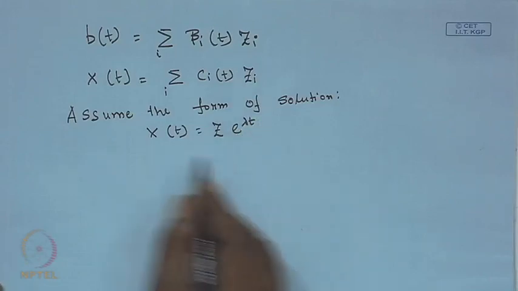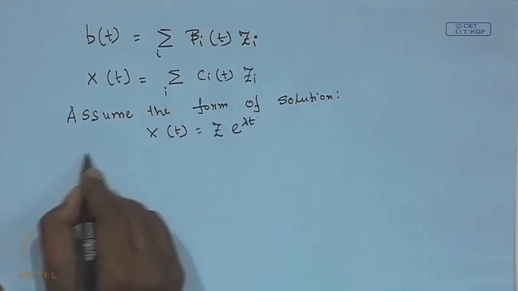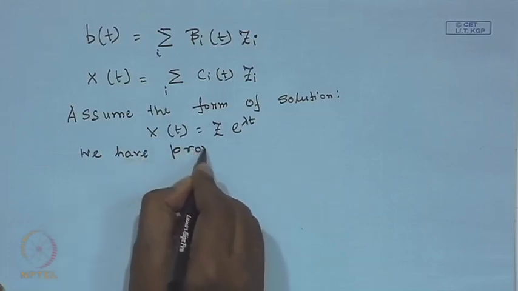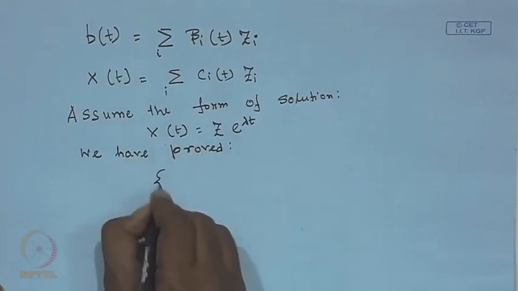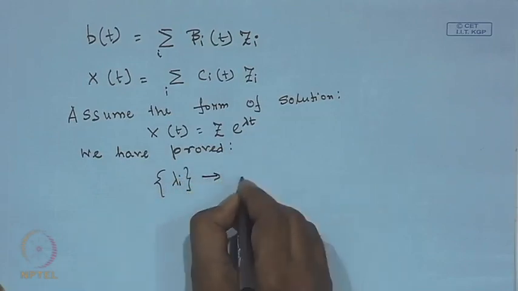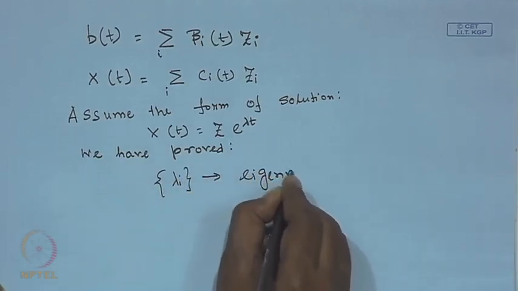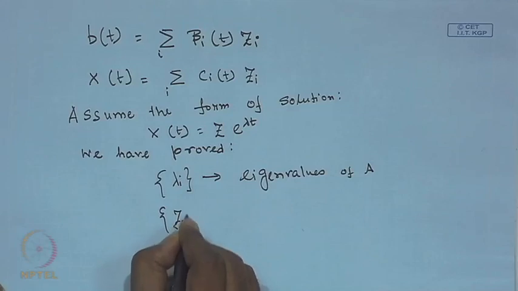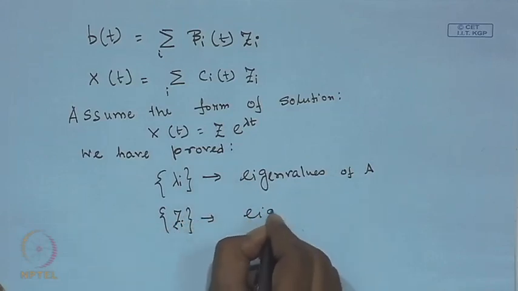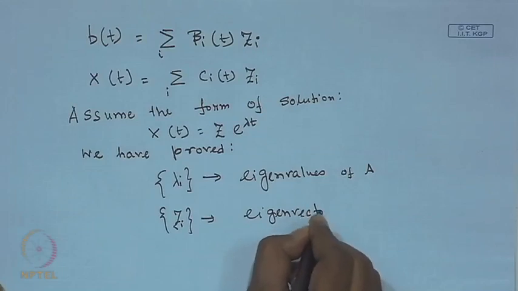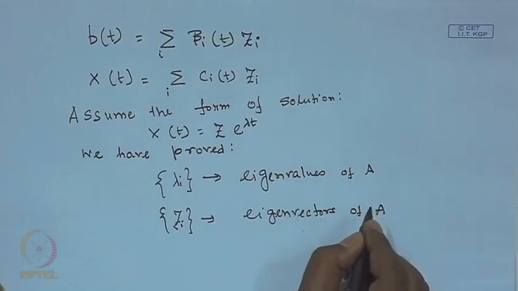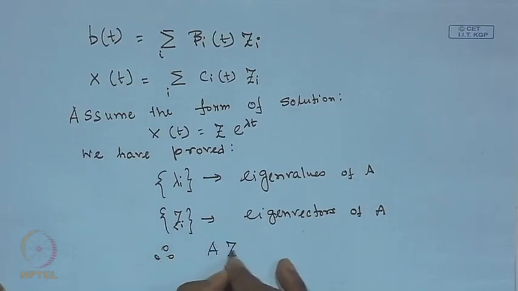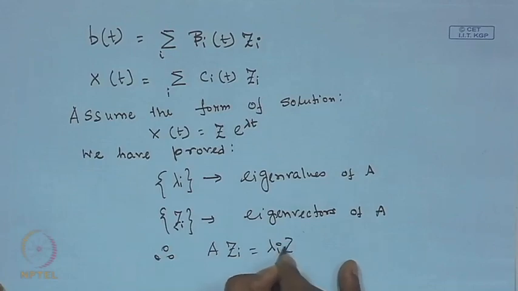We have proved earlier that lambda i corresponds to the eigenvalues of A and Z i corresponds to the eigenvectors of A. Therefore, we have the eigenvalue problem A Z i is equal to lambda i Z i.